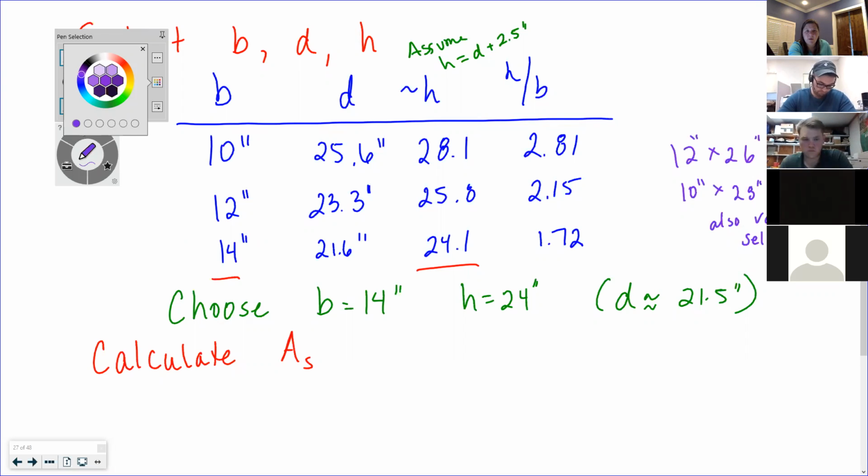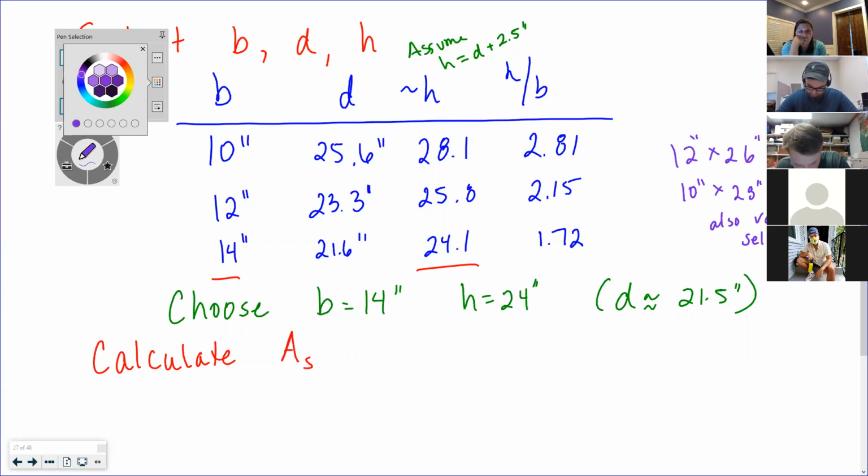Anybody got a number they're willing to share? How much area of steel you need? I got 4.26, but that seems awfully high.